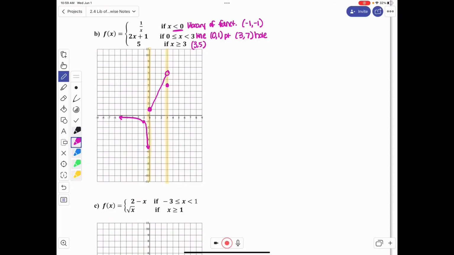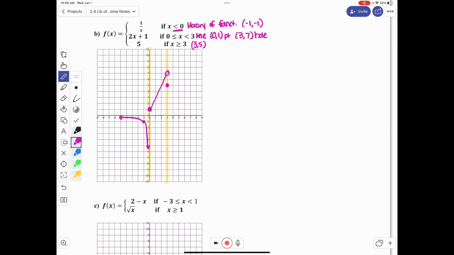So then for part A, our domain, you can either go by the x inequalities or you can look at your graph. We can see that we've got our arrow going to the left forever, so that's going to be negative infinity.